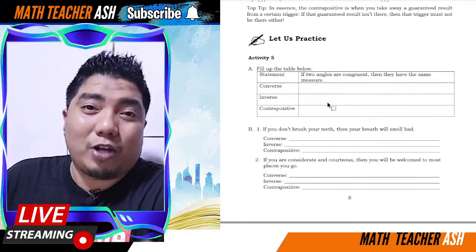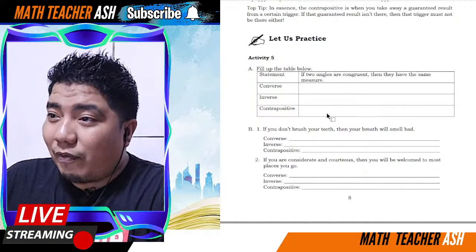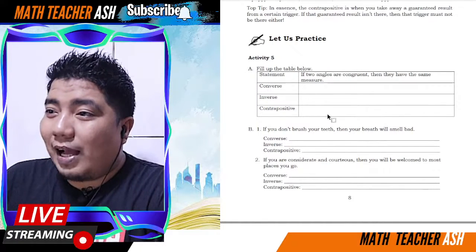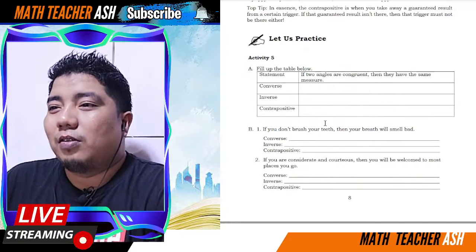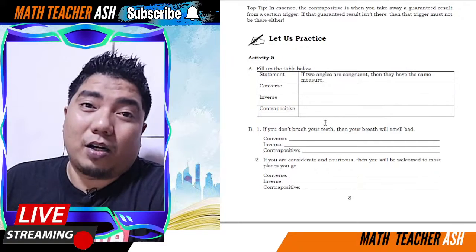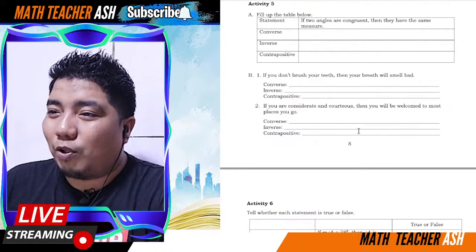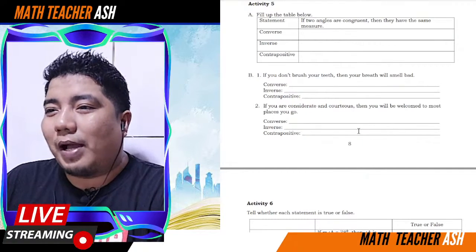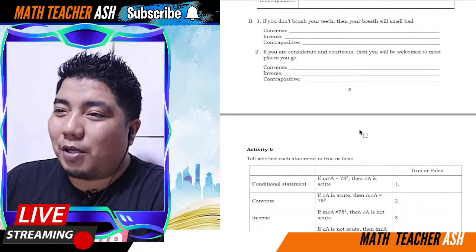Okay, ganon. Pwede yun ang inverse. Contrapositive naman is, if two angles have no same measurement, then no two angles are congruent. Alright. So, pwedeng ganon. So, ito letter B, if you don't brush your teeth, then your breath will smell bad. I'm sure kayang-kaya na yan, my dear math learner. Same goes to number 2.